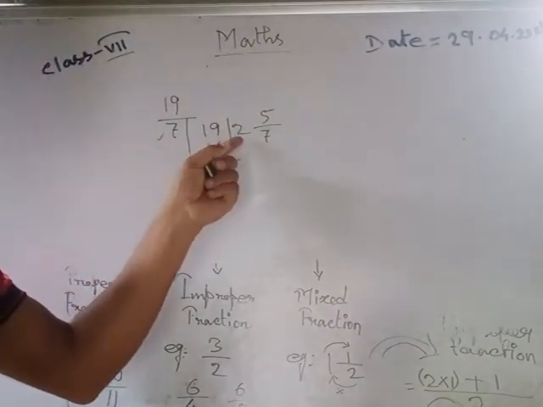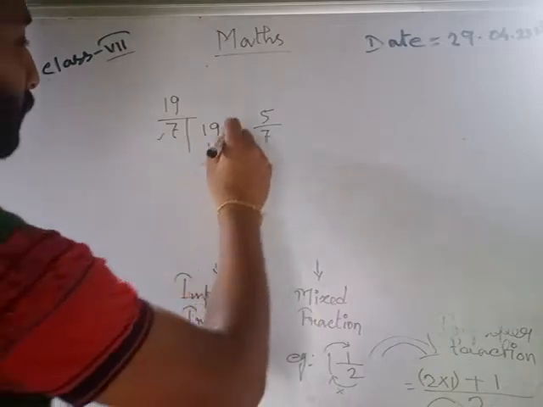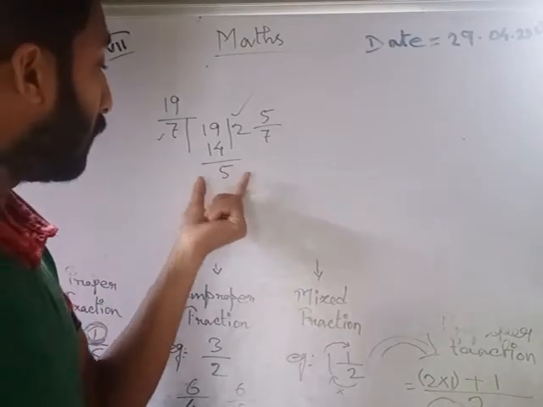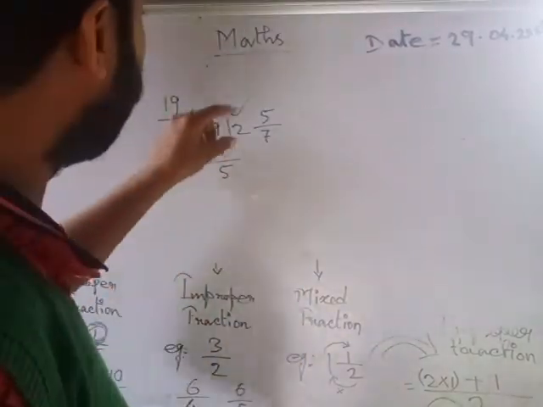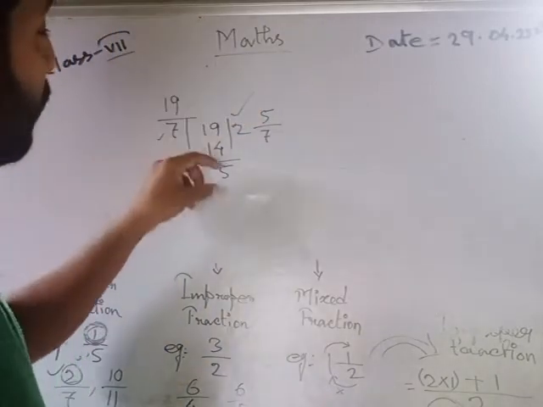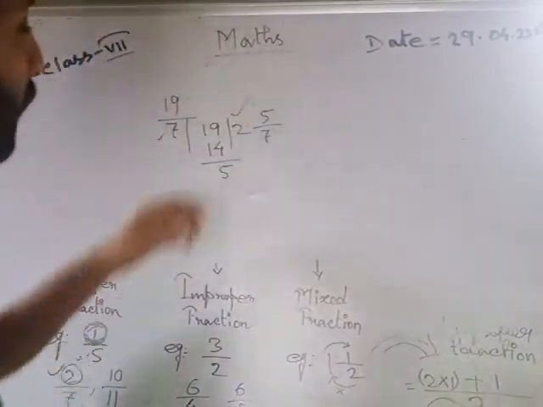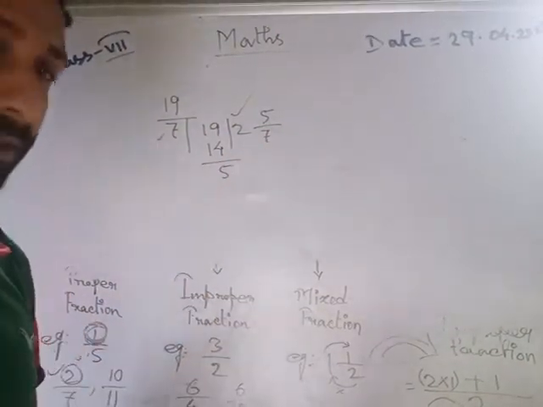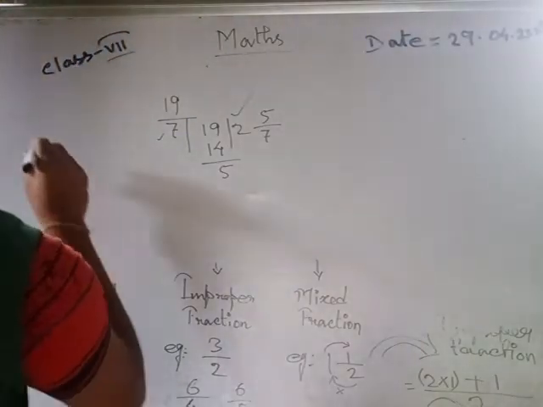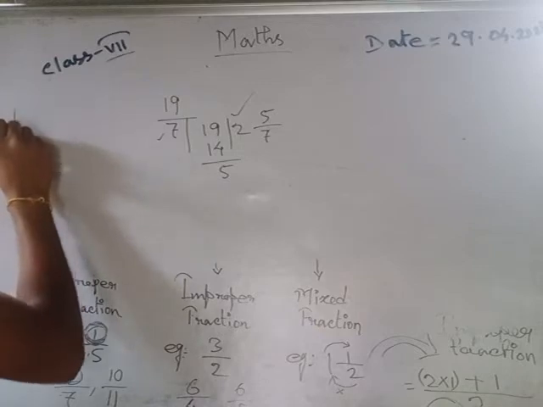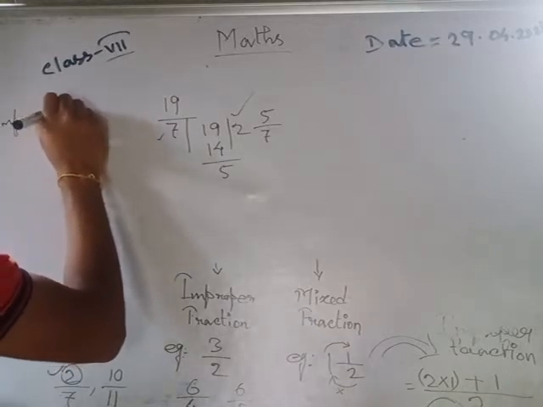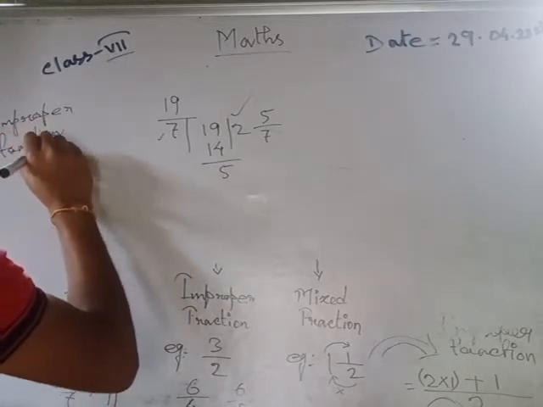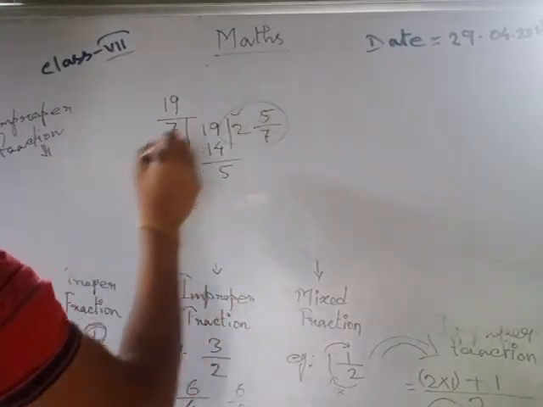At first you should divide, then the quotient is there, and after that the 5 stands as the numerator and 7 is at the place of the denominator. That is the conversion of an improper fraction to a mixed fraction.